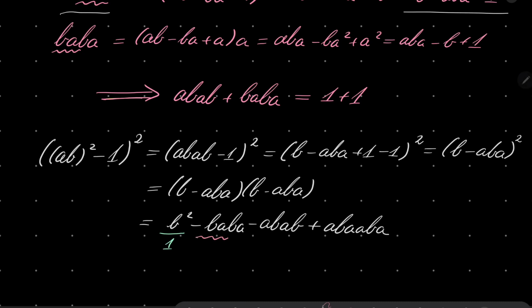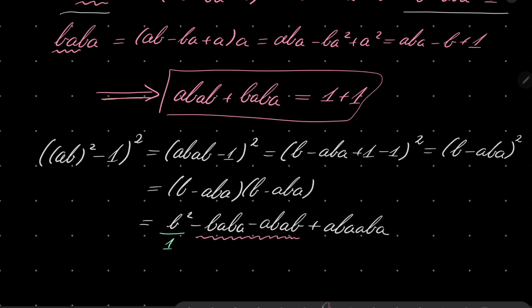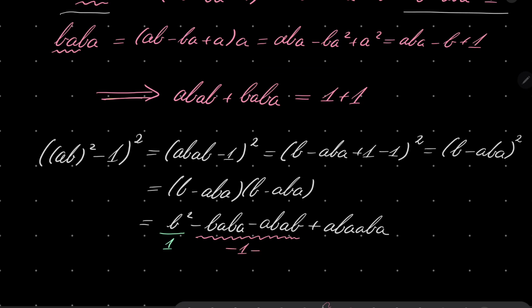This part right here, we have minus BABA minus ABAB, it has been demonstrated that it can be written as minus 1, minus 1. And what about the last part? Notice that here we have AA, it's 1. So then we have BB, it's 1 again. And finally we have AA again, so it's 1 once again. So we have 1, minus 1, minus 1, plus 1. So it's 0.